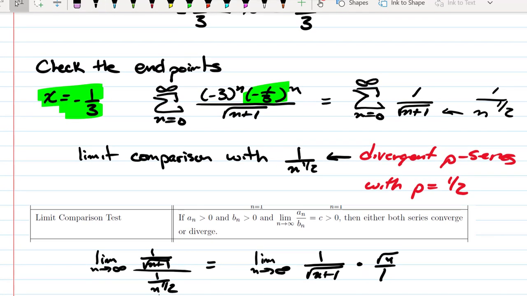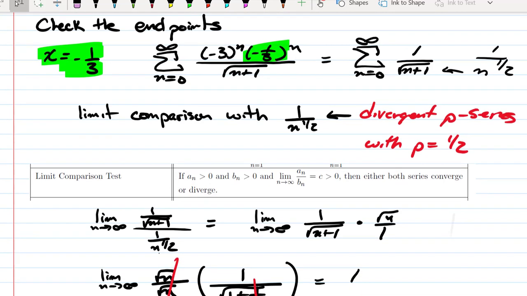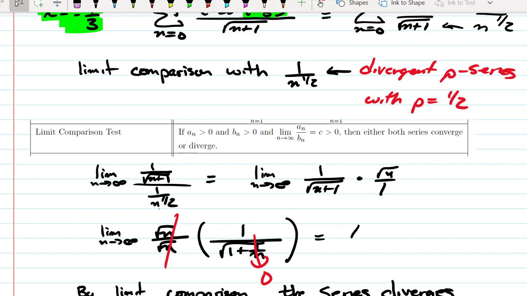So just to recap, we checked our endpoint, we plugged in x equals negative 1/3. That reduced to the series 1 over the square root of n plus 1, which we did limit comparison with 1 over the square root of n, or n to the 1/2, which is a divergent p-series. By the limit comparison test, if we get a positive number for the limit, then both series either converge or diverge.